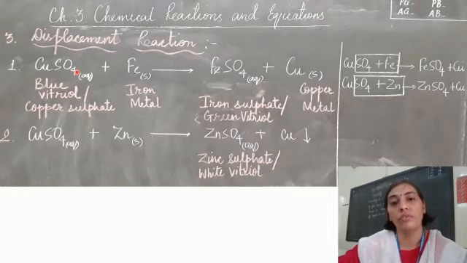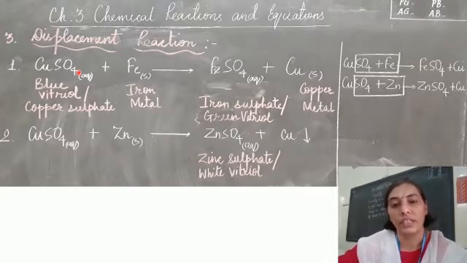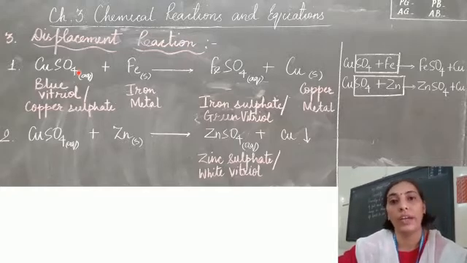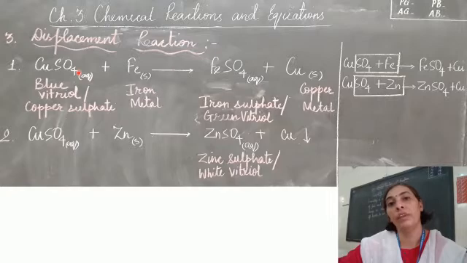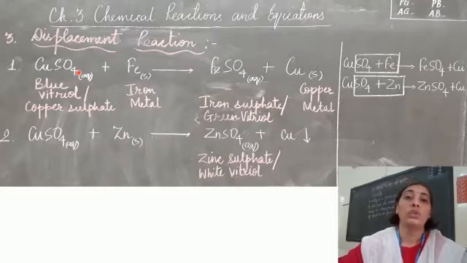There is a series of metals, and it is called the reactivity series. In the reactivity series, we arrange the various metals in the decreasing order of reactivity. That is, on the top will be the most reactive, and at the bottom we will have the least reactive metals. So this series in which the metals have been arranged is called the reactivity series.